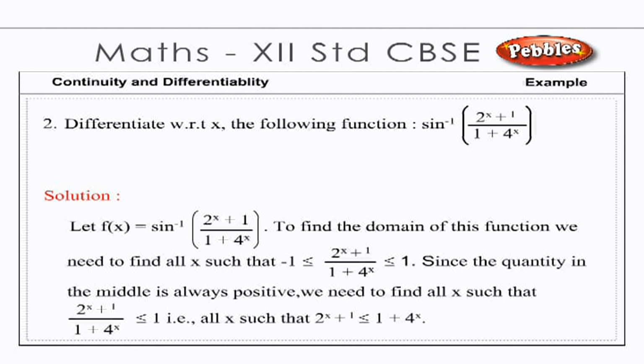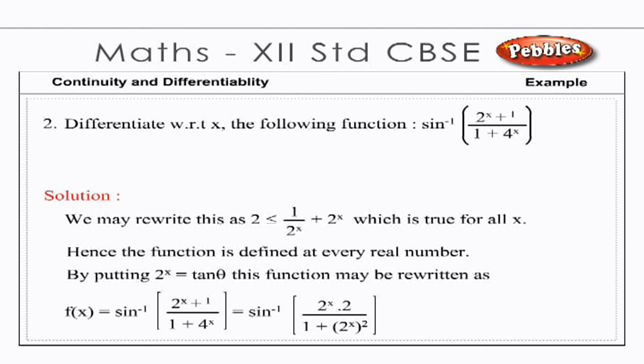Since the quantity in the middle is always positive, we need to find all x such that 2^(x+1)/(1 + 4^x) ≤ 1. That is, all x such that 2^(x+1) ≤ 1 + 4^x. We may rewrite this as 2 ≤ 1/2^x + 2^x, which is true for all x. Hence, the function is defined at every real number.